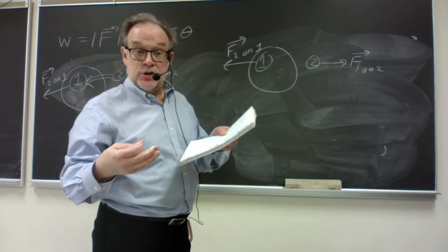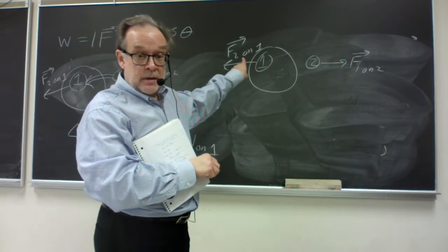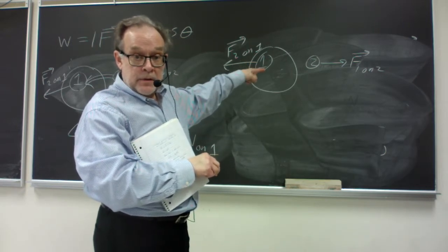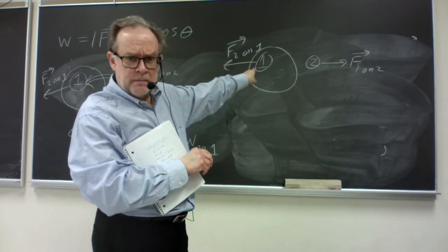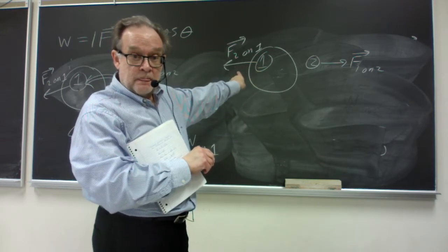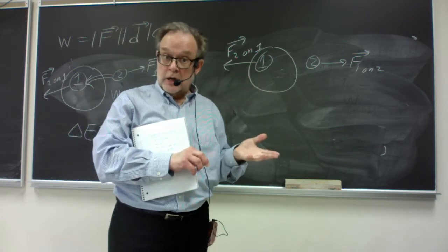Now let's imagine a slightly different situation. Let's say that now thing 1 is moving around differently than it did before. So as a result, this force from thing 2 on thing 1 does negative work on thing 1.